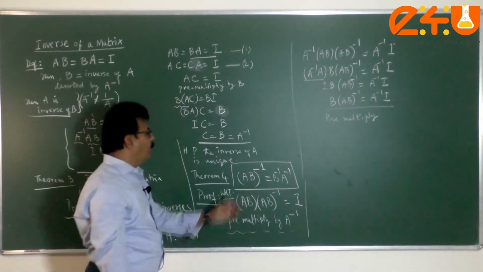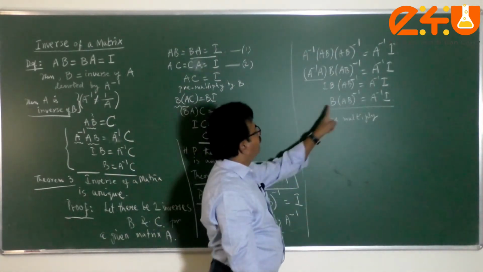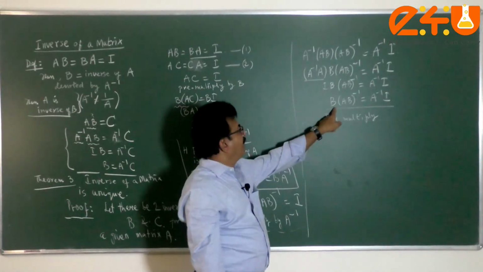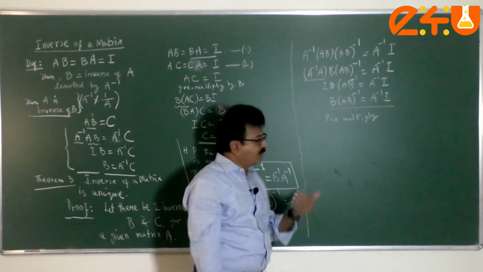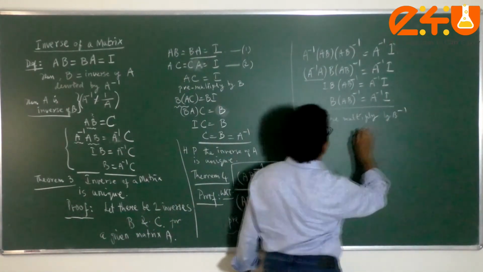I need (AB) whole inverse alone on LHS, whereas I have another matrix B present on LHS. I am trying to eliminate B. How can I eliminate it? So pre-multiply both sides by B inverse.